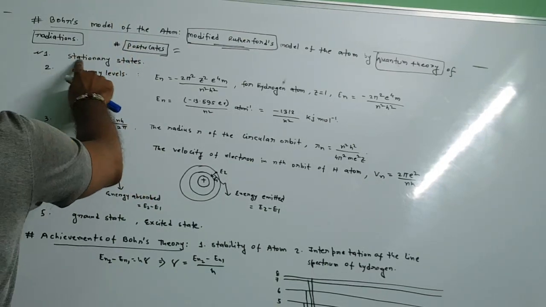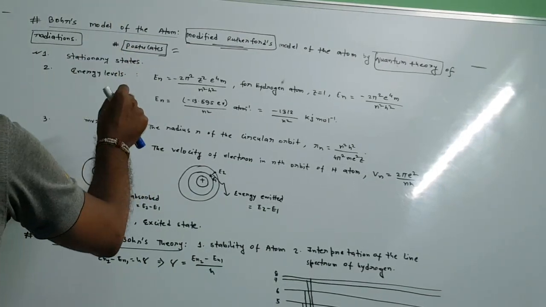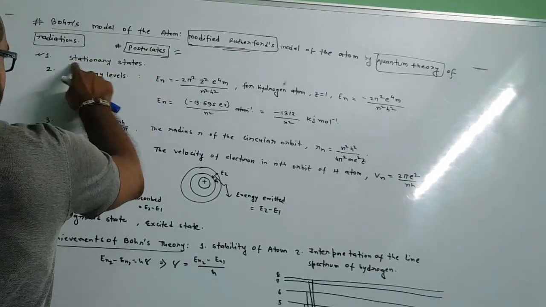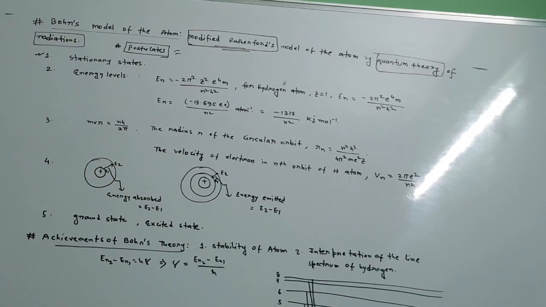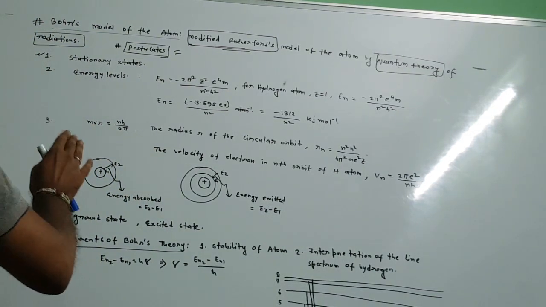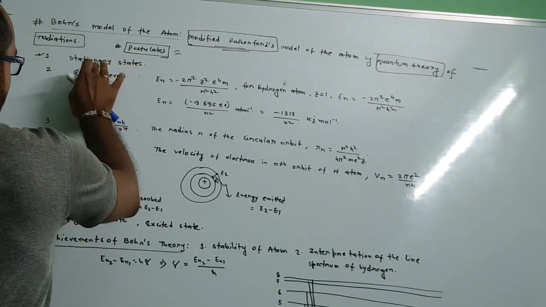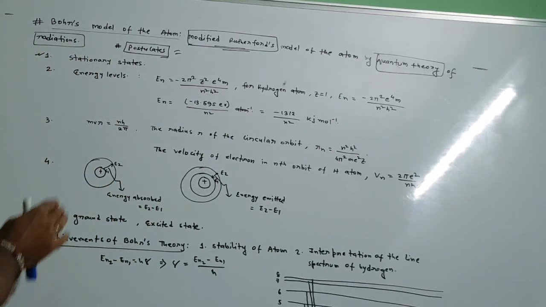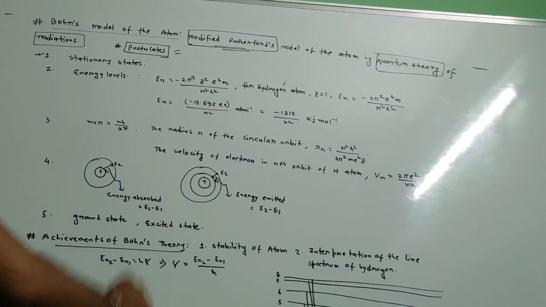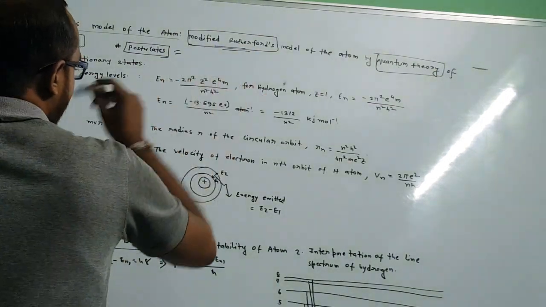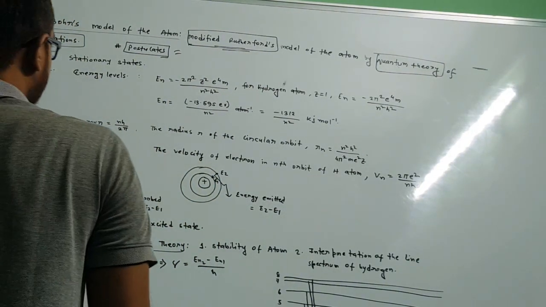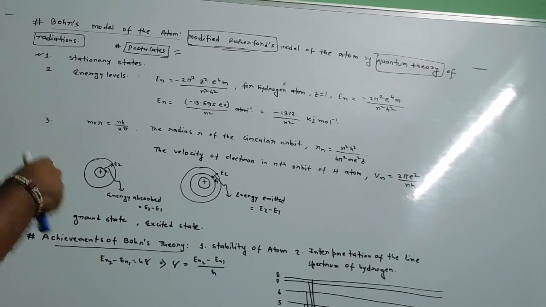So the particular orbit where the electron revolves is its stationary state. The state where the electron stays is known as its stationary state. In these states, it does not lose energy. In the Rutherford model, he explained that electrons are revolving, so energy should be lost.